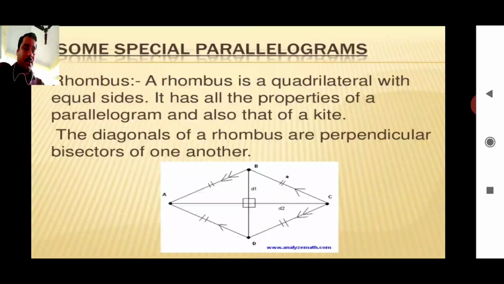Here in the figure, you can see that the first diagonal BD is given by D1 and the second diagonal AC is given by D2. So, the measurements of both diagonals are different. So, what is a rhombus? A rhombus is a quadrilateral with equal sides.